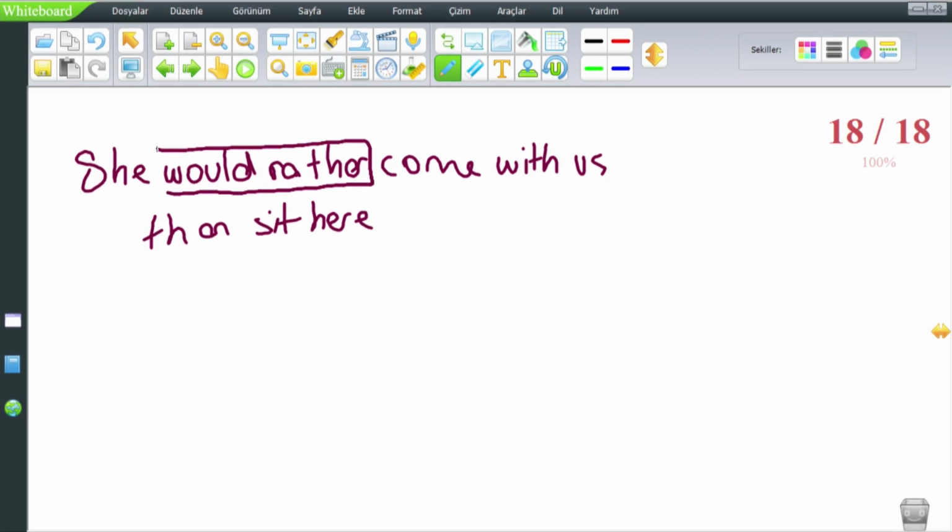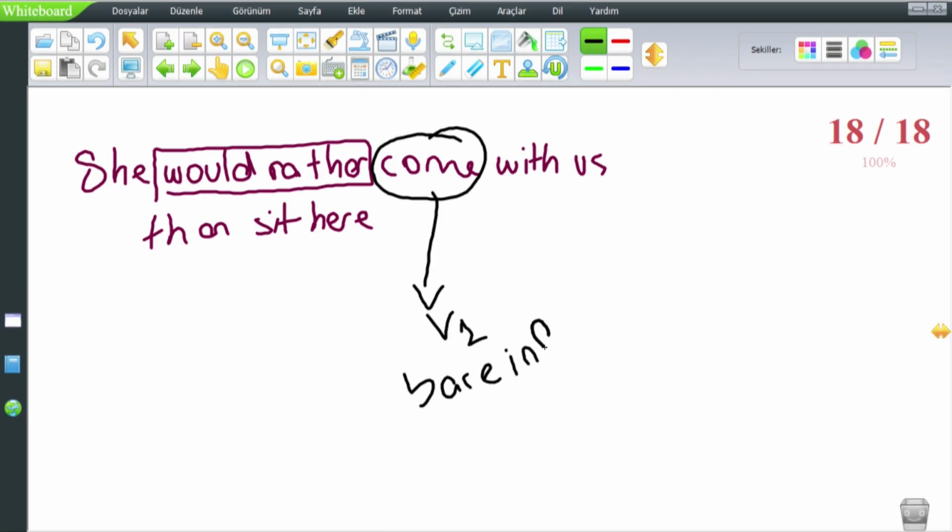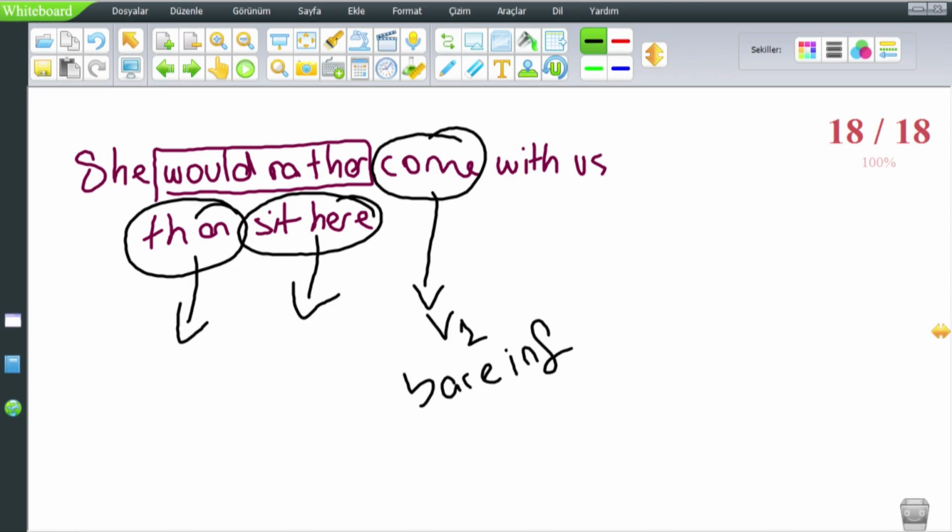We always use would rather and it doesn't change according to the subject. And after that, verb 1, which is bare infinitive, and the thing that the subject has chosen. After than, the second choice that the subject didn't choose.